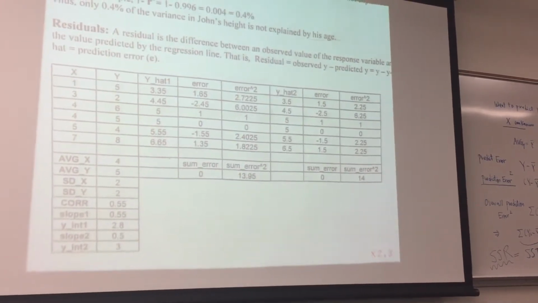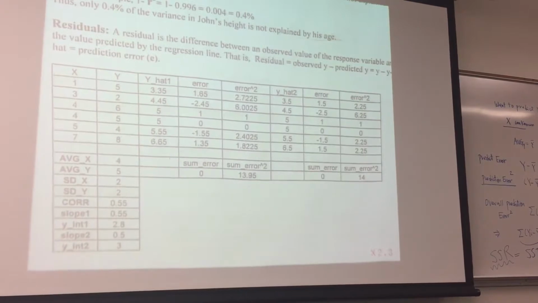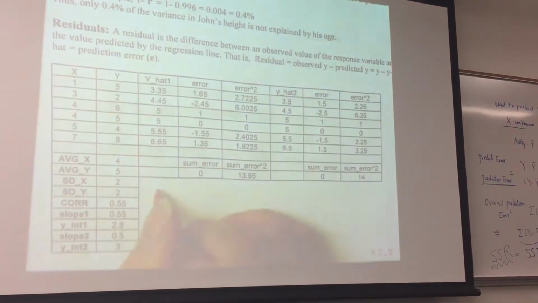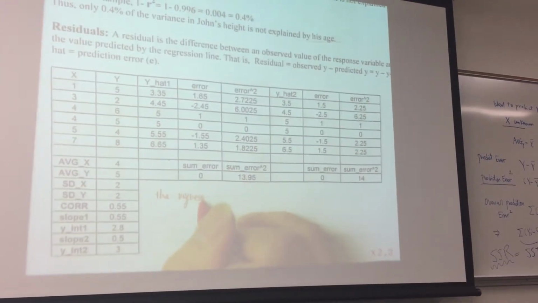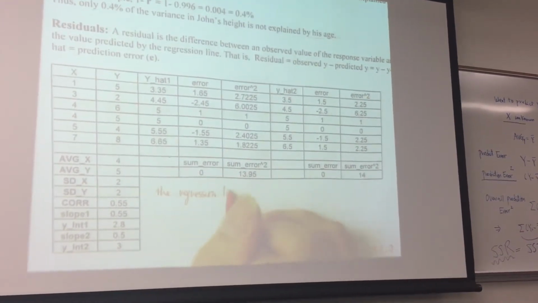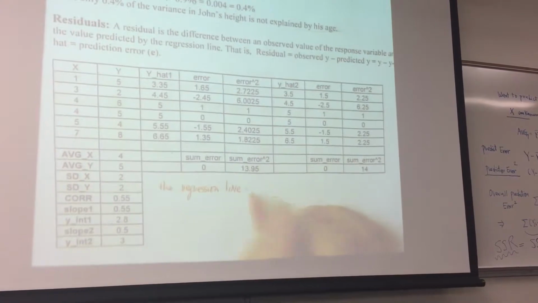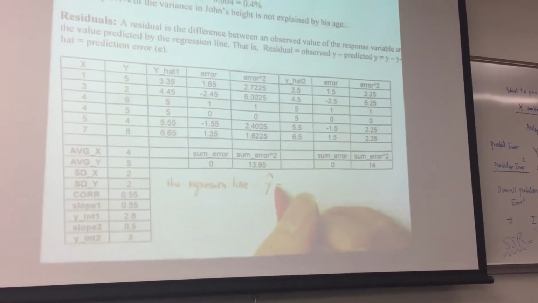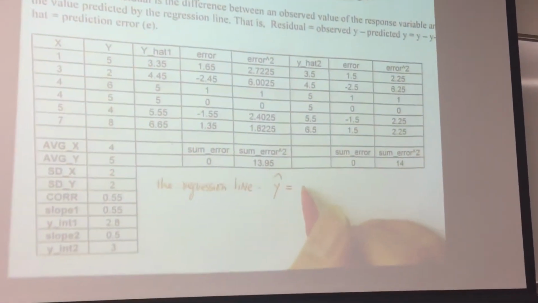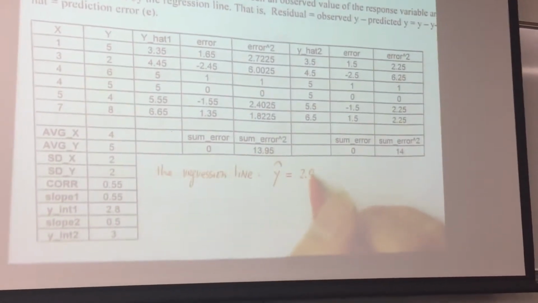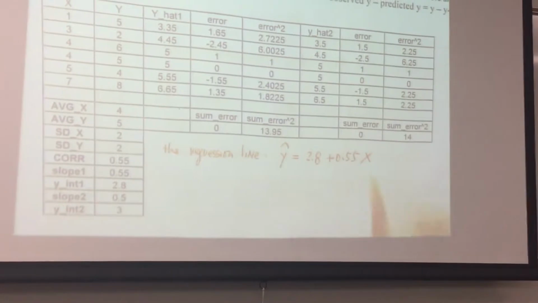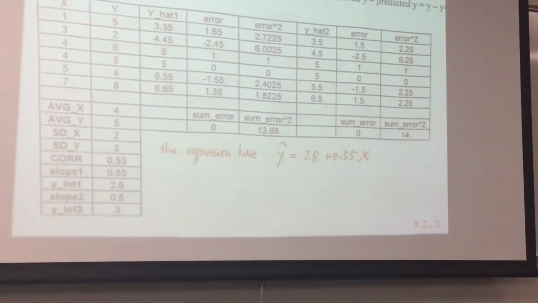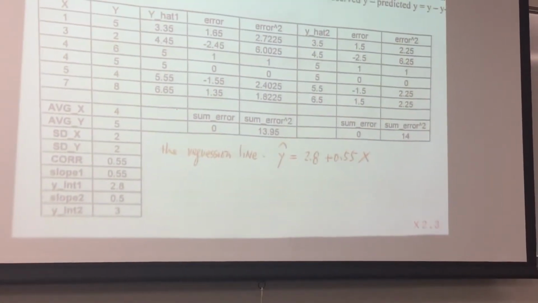That is to say, for this data set, the regression line is Y hat equal to 2.8, this is the Y-intercept, plus 0.55x. This is our best prediction line based on the least squares criterion.